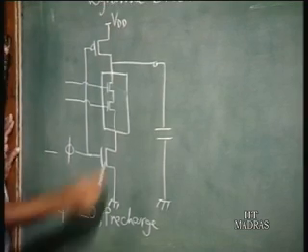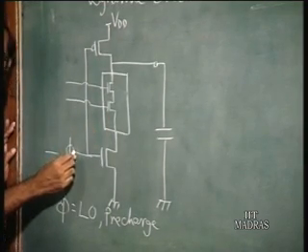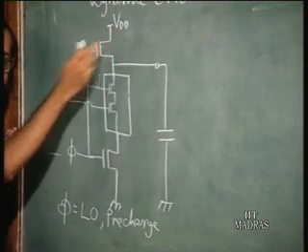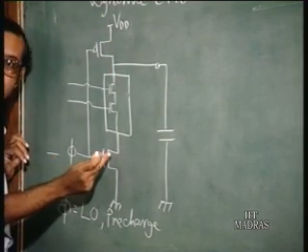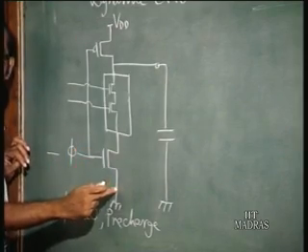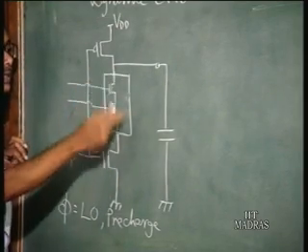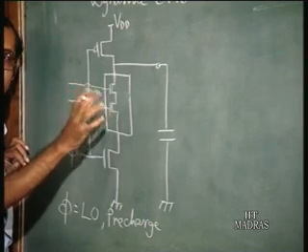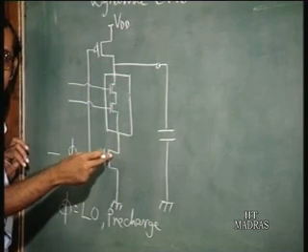Then when phi goes high, the PMOS goes off, so there is no connection to VDD. The NMOS turns on, so there is a possible path to ground, provided that these transistors, the N block as a block, provide a connection to ground.